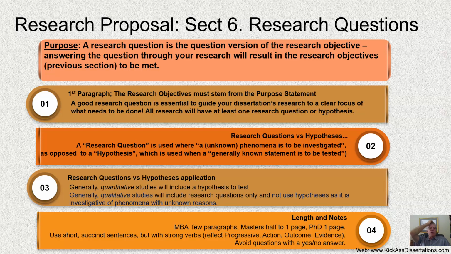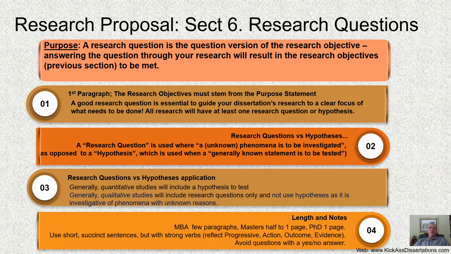Research questions are generally used where an unknown phenomenon is to be investigated. For example, the research question can be: what has happened that some people get a virus? That's the question. Well, we don't know. We have actually no idea. Therefore, we need to investigate many areas to be able to answer this question.